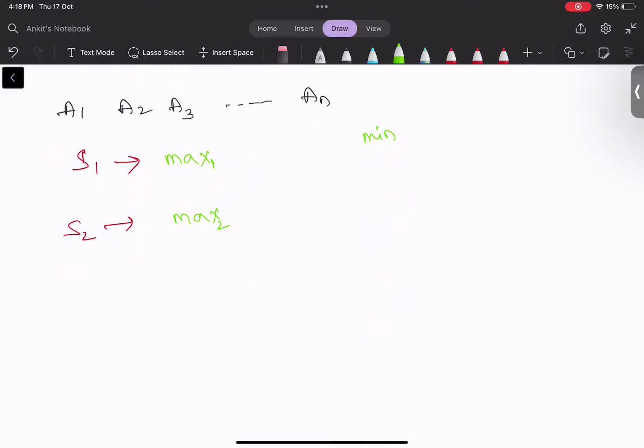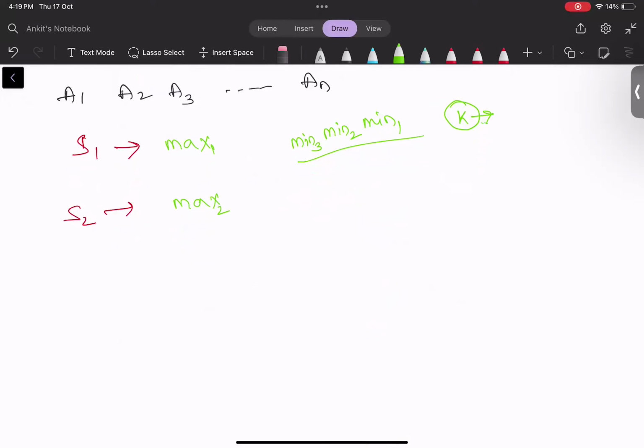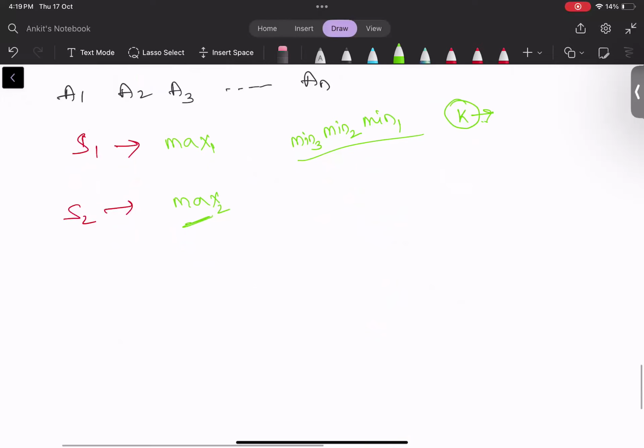Let's say this is min 1, min 2, min 3. Let's say we are trying to link these minimum values and maximum values using k. That means we are placing the kth maximum element in max 2. That means we have to fill this S1 with k elements, right? What will be the k elements?